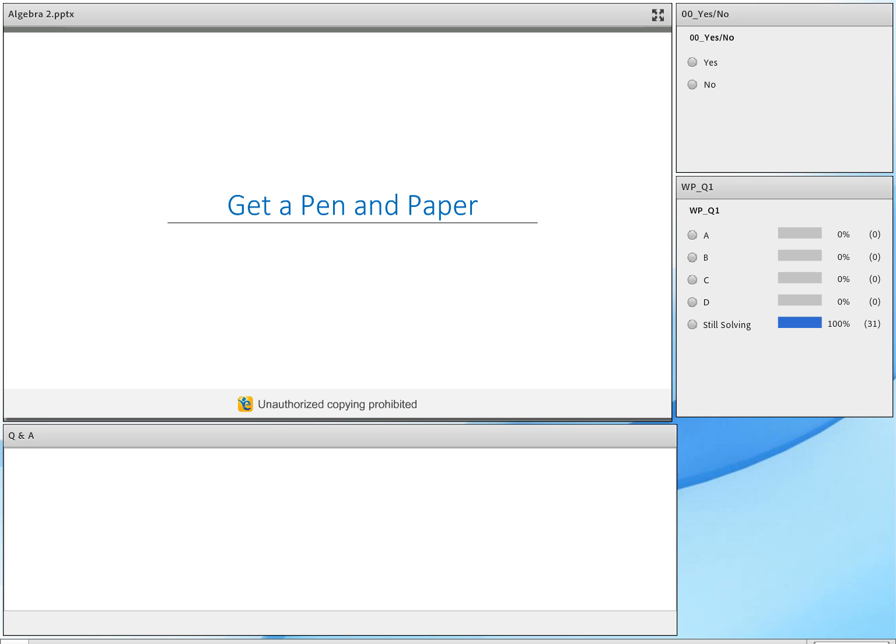I have 120 people in the session, so let's get this up to about 70. I know till now you've been just listening to me. Now you have to do some action on your side. Get your pen and paper ready and get all geared up to solve some algebra questions. Let's get everyone to click on the still solving button here.